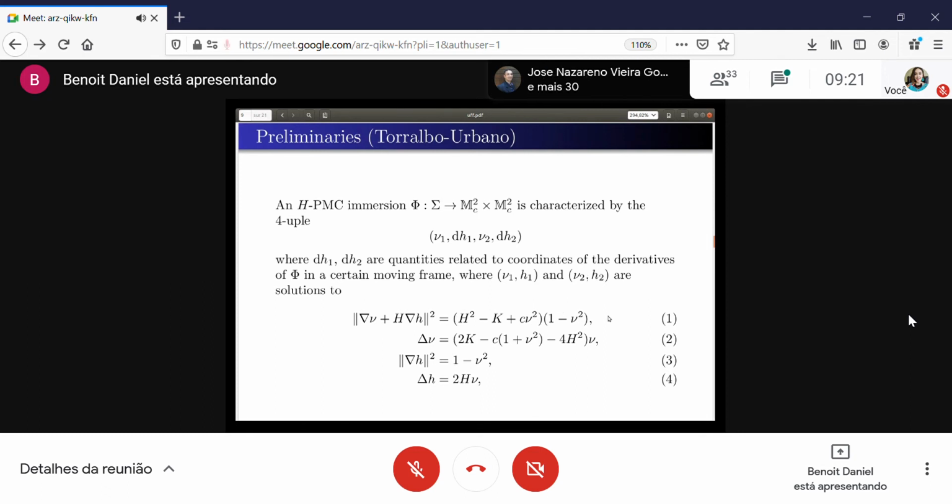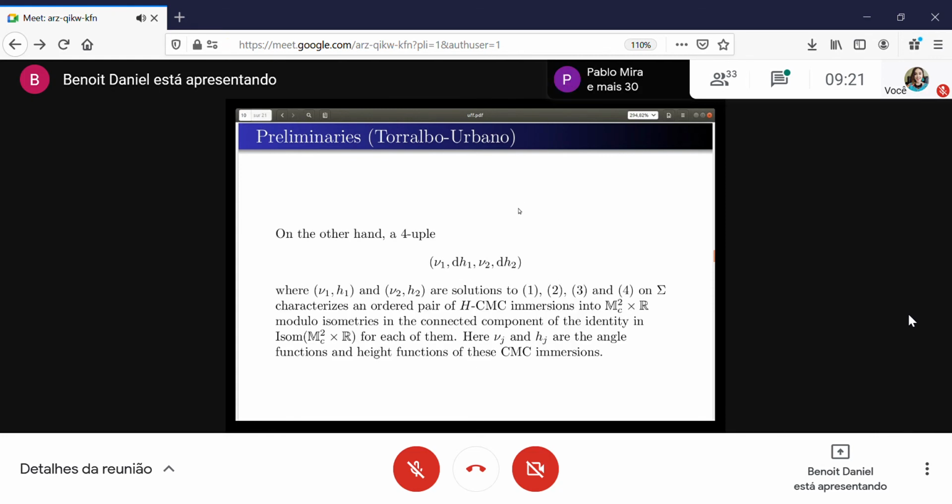Nu2 H2 gives me also a CMC isometric immersion. So when I have an HPMC isometric immersion, I forgot isometric here, it gives me two HCMC isometric immersions, and conversely, two HCMC isometric immersions into M2 cross R gives me one HPMC isometric immersion into M2 cross M2. Okay, this is what I'm saying here.